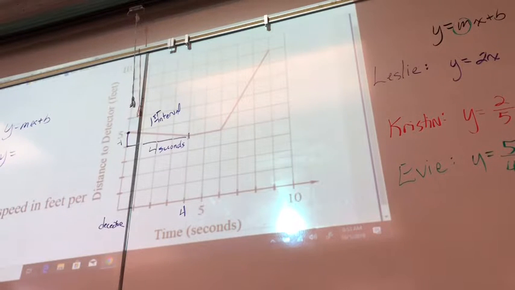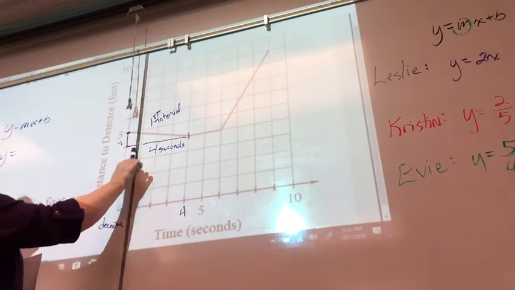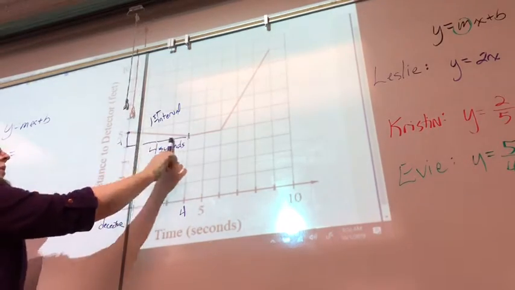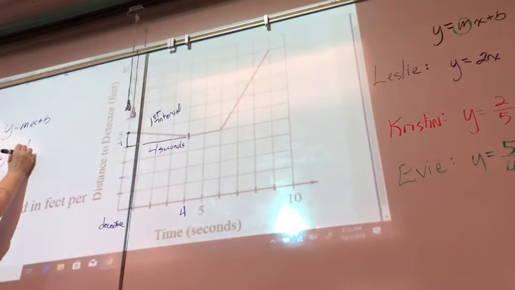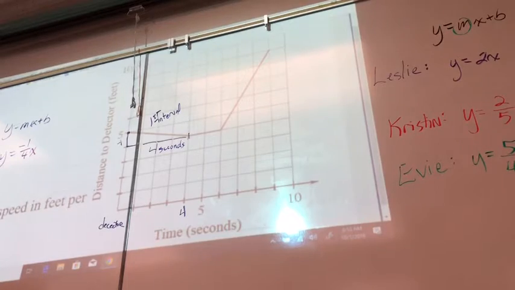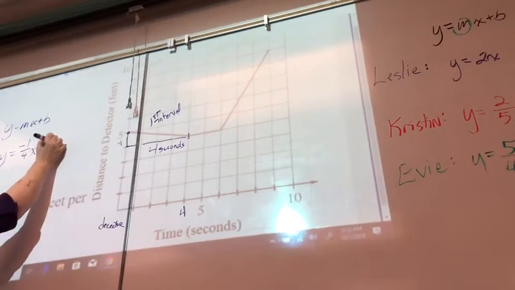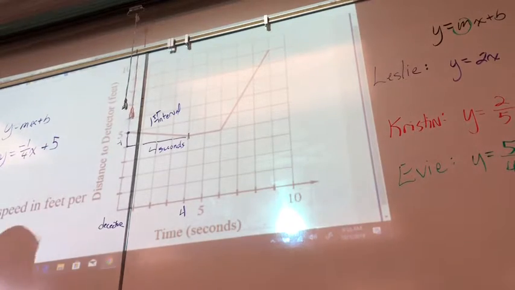What's our slope? Negative 1/4 x. And then where do they start again? Good. So plus 5. All right, so that's the first piece.